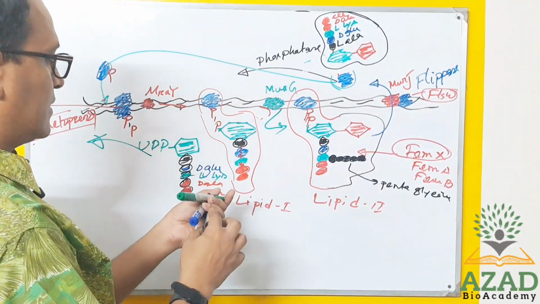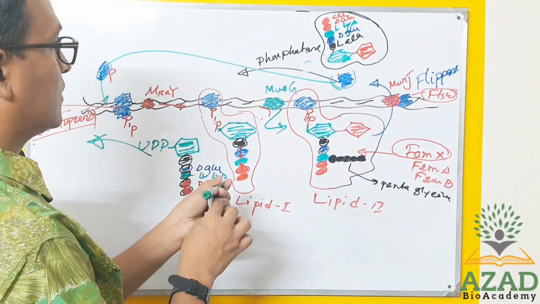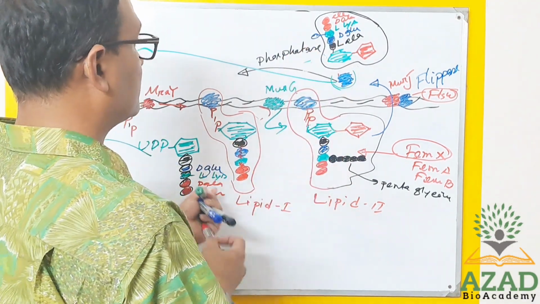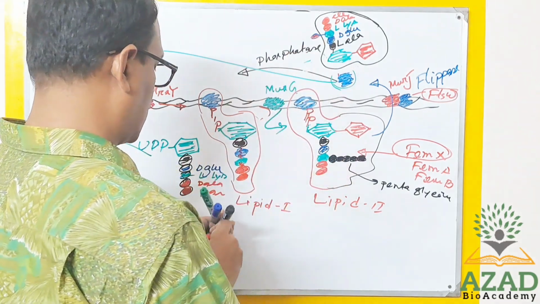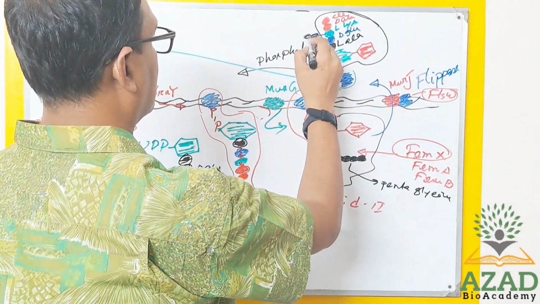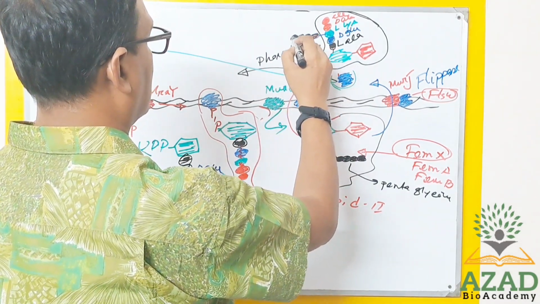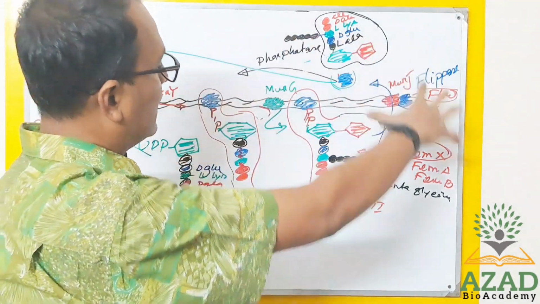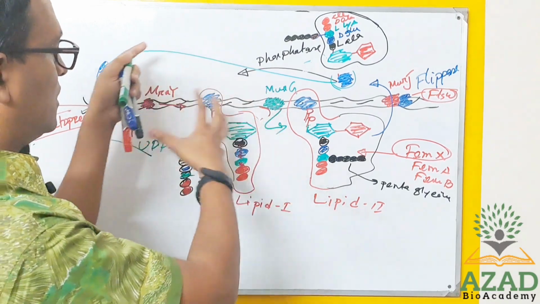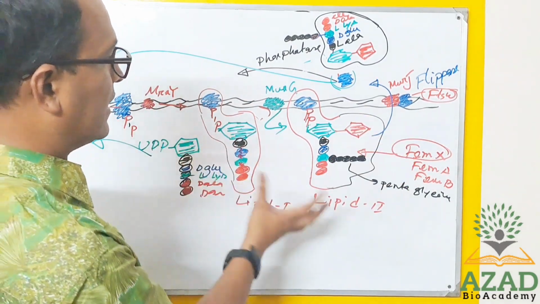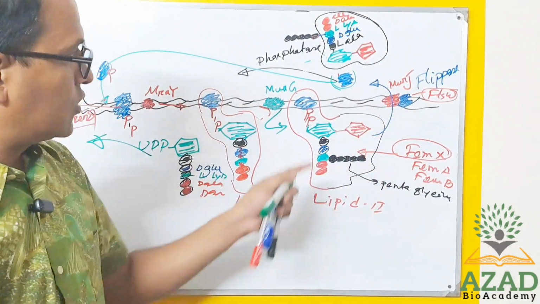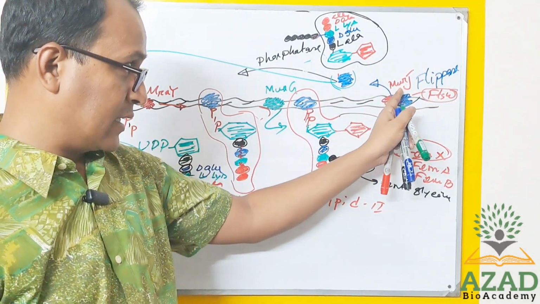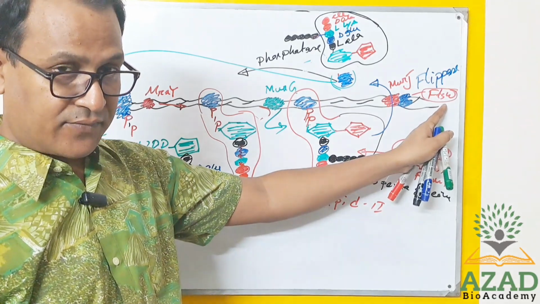Okay, and here the lysine containing pentaglycine. Okay, so this is all about the membrane stage, or elongation and transfer stage. Okay, so remember the flippase enzyme is basically MurJ and FtsW.